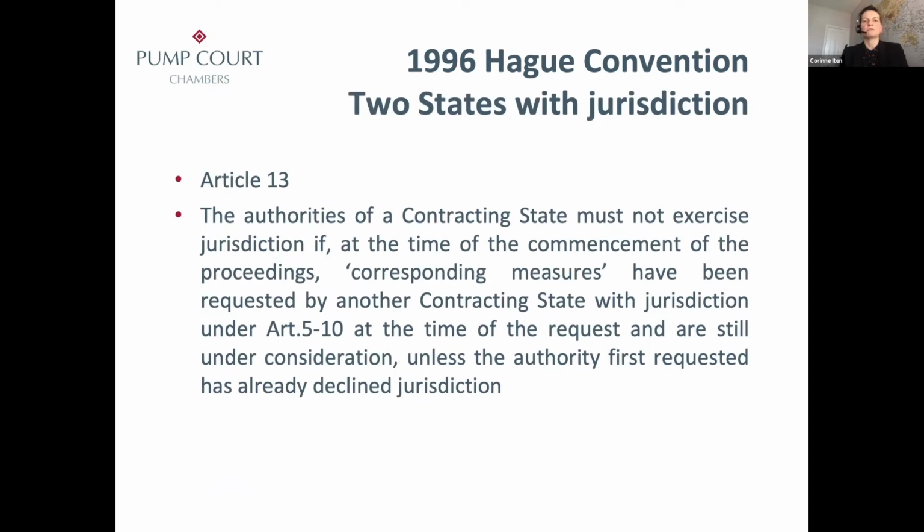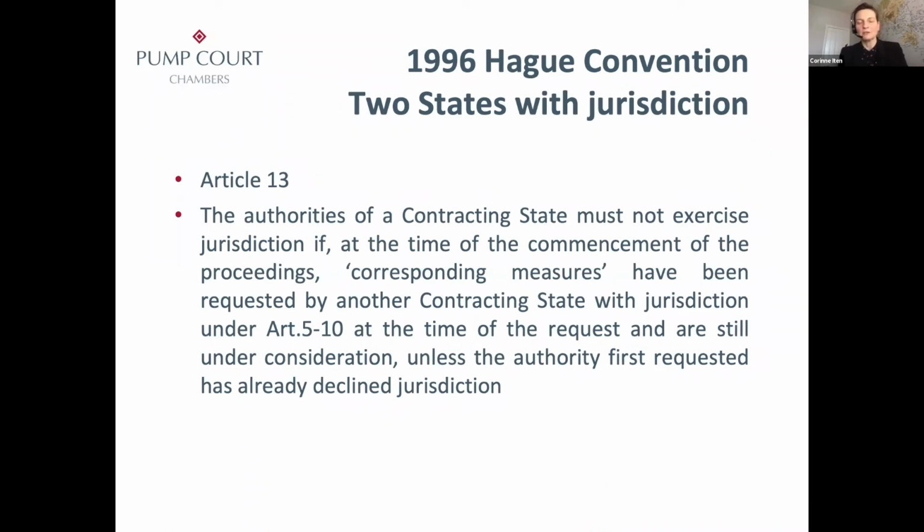The authorities of a contracting state must not exercise jurisdiction if, at the time of the commencement of the proceedings, corresponding measures have been requested by another contracting state with jurisdiction at the time of the request and are still under consideration, unless the authority first requested has already declined jurisdiction.